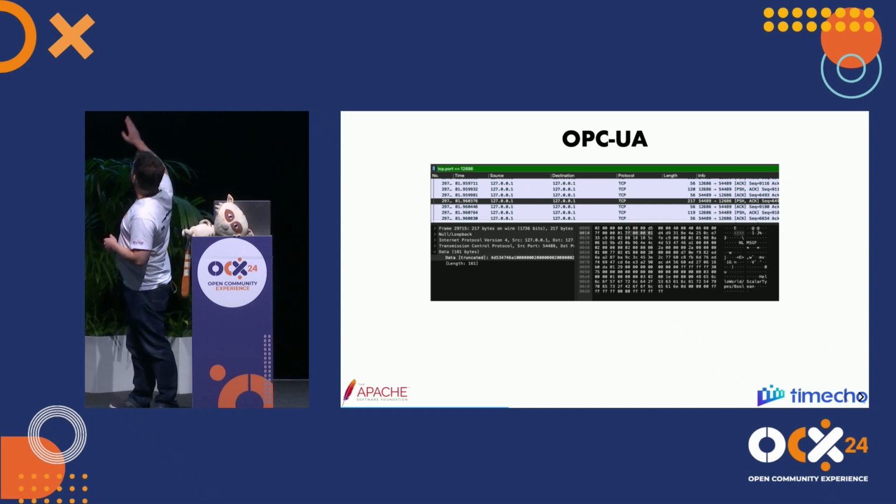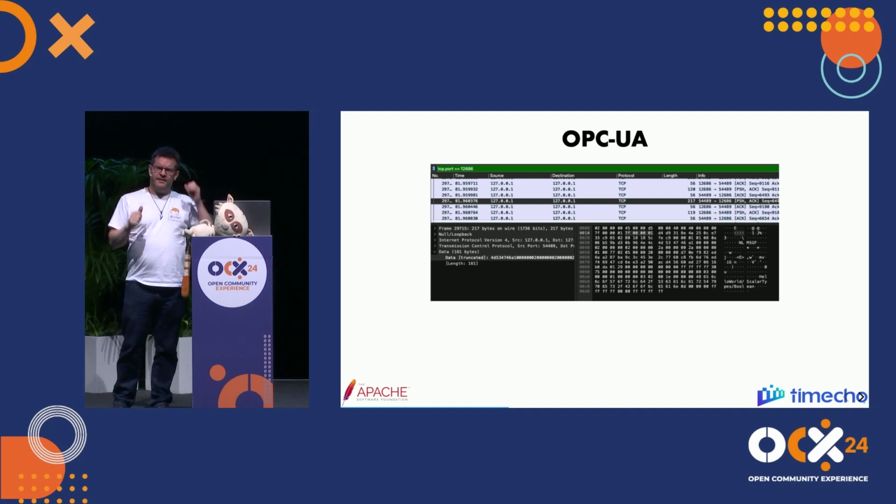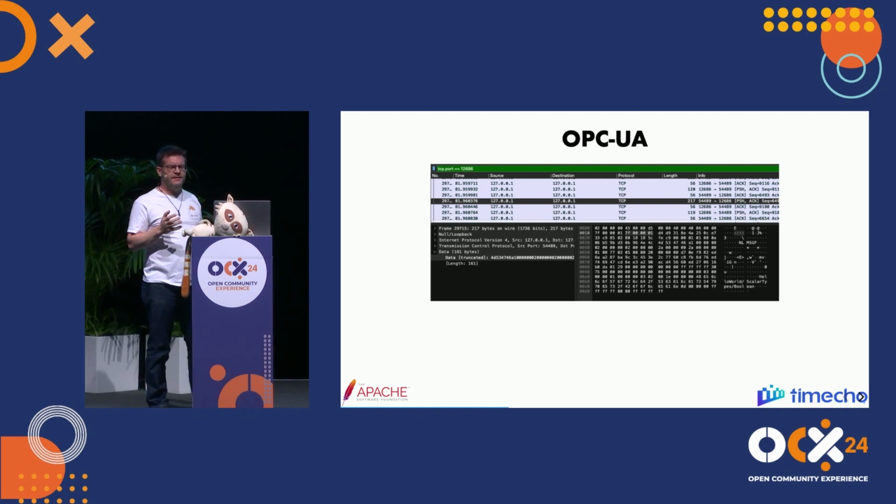If you can see up there, this is a little Wireshark recording I did for just reading a simple Boolean value. Just ignore all the hex gibberish down there. The interesting part is the length. We're sending 217 bytes over the wire just to read one Boolean value.